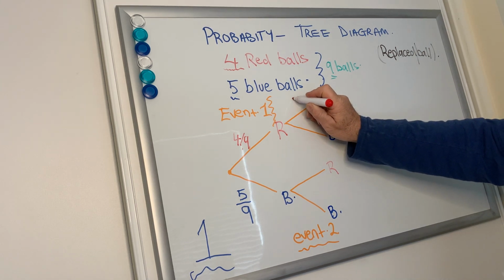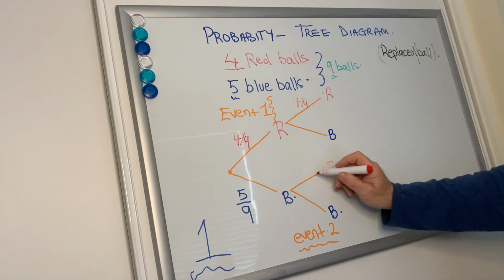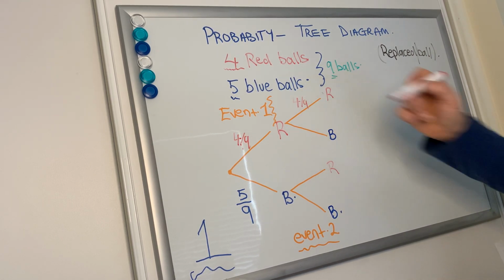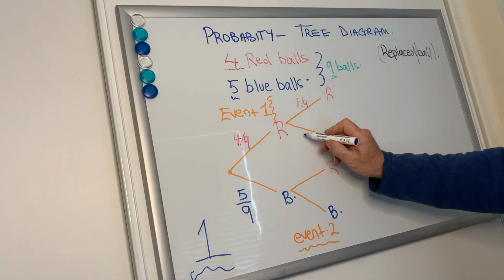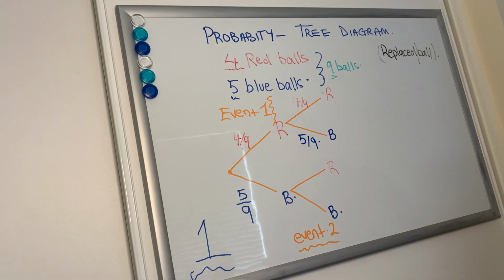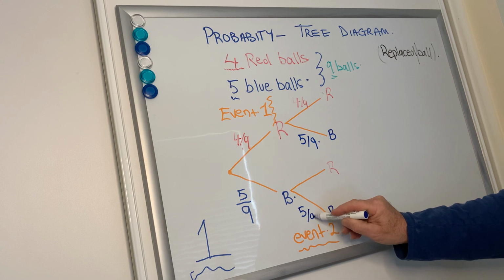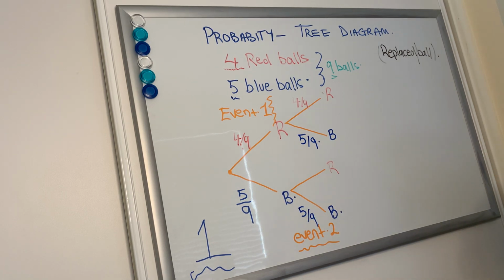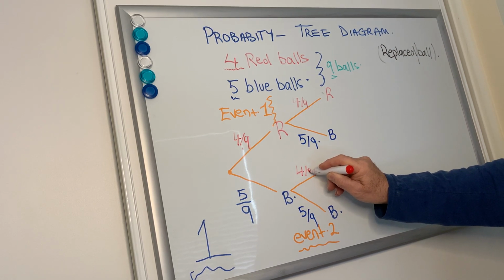So it's going to be 4 over 9 in this one, 4 over 9 in this one, and then we've got 5 over 9 in this one, and 5 over 9 in this one.